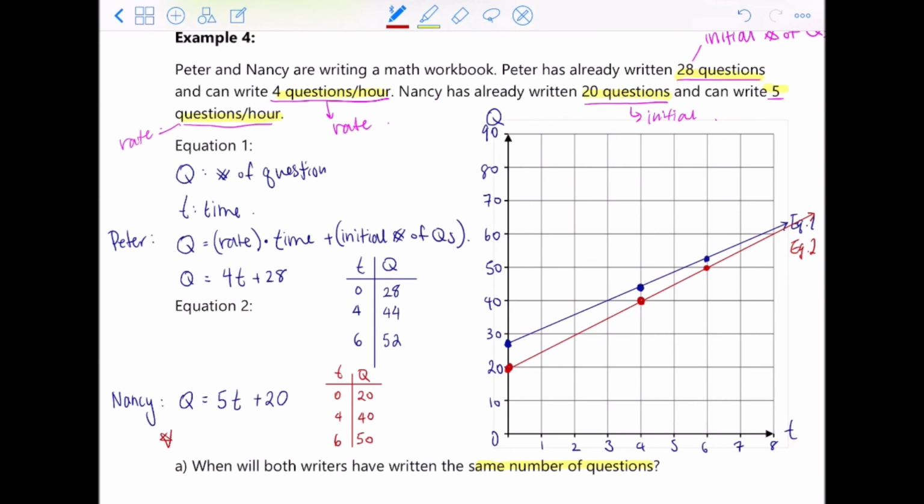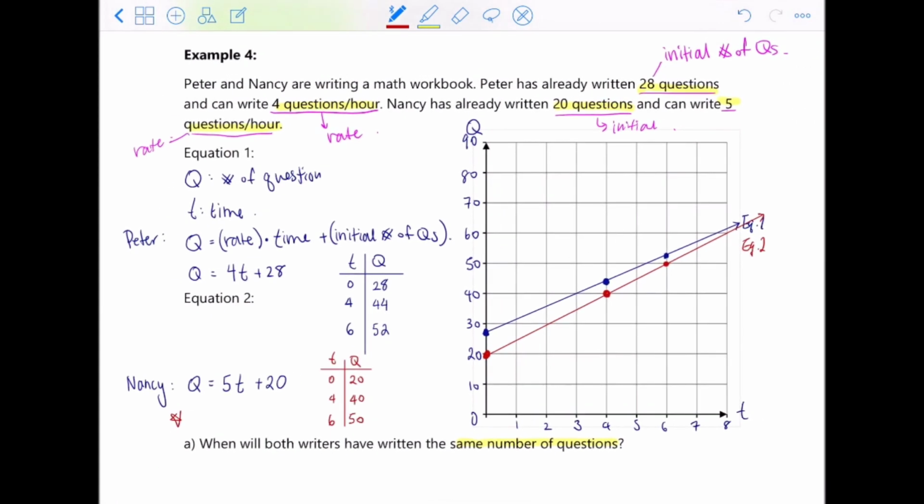This is very unfortunate, but I can't seem to find an intersection here. So we'll drop it right here and conclude that it's somewhere here. I can't tell. It doesn't show in my graph. So either you have to draw a better graph, or you do have to solve it algebraically.